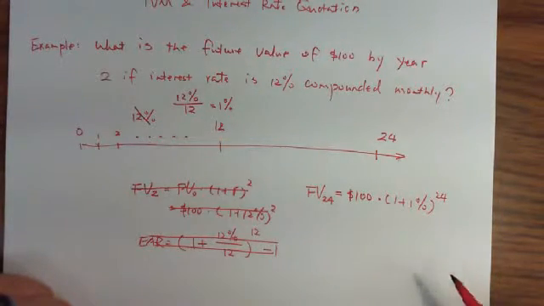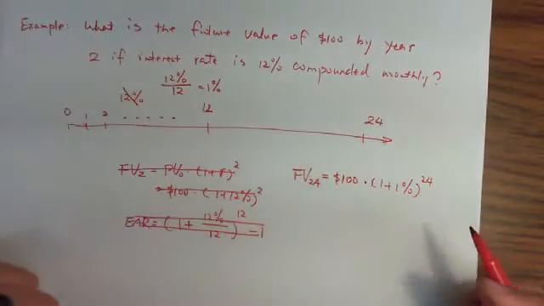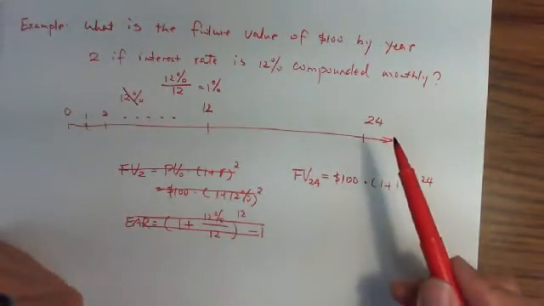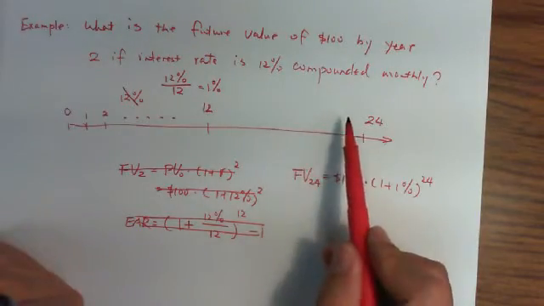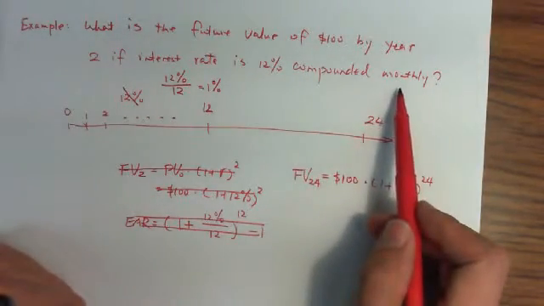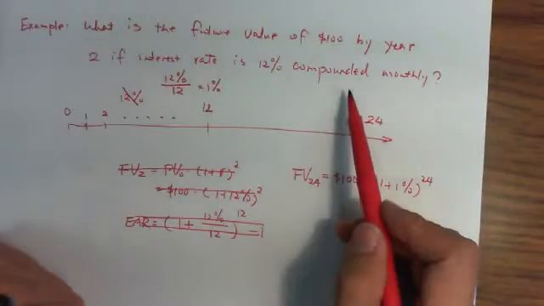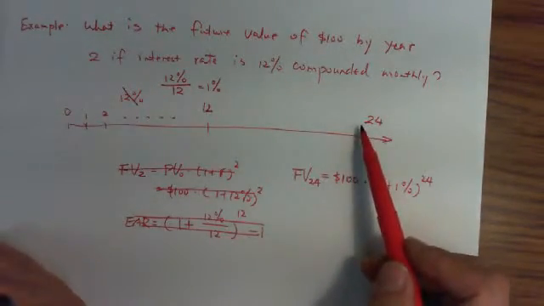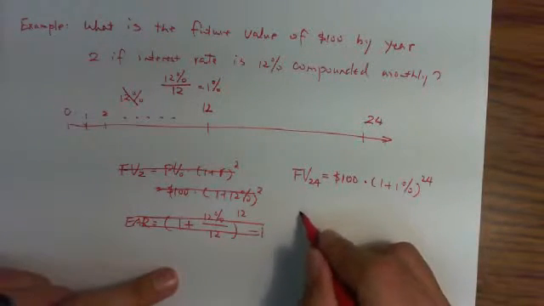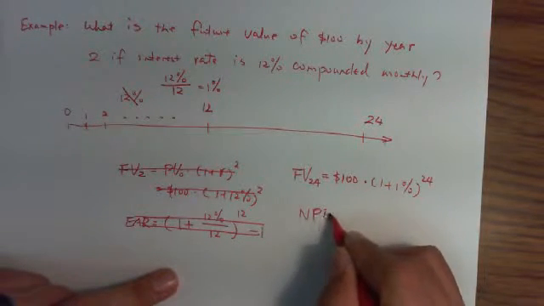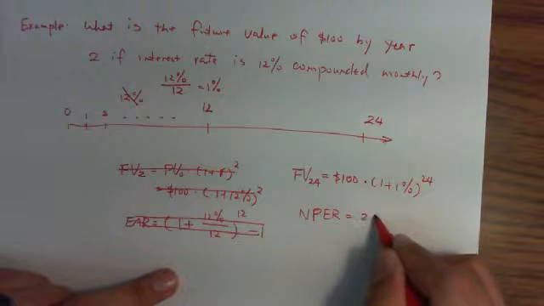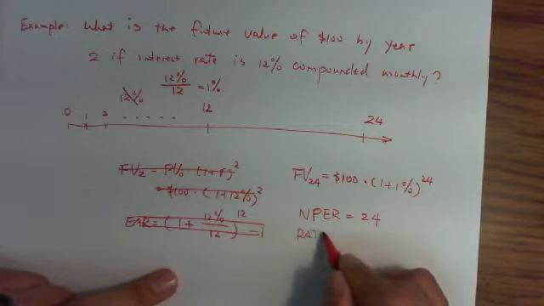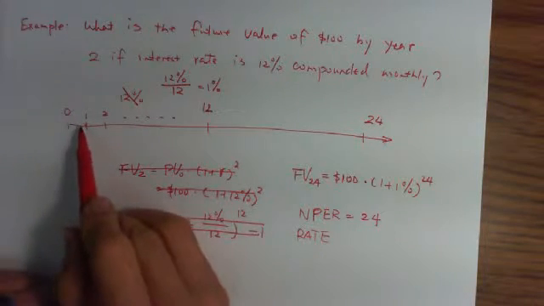If you are using Excel, then the first step again is to define a period as the compounding period. So we are going to use a period as a month, and then there are 24 months. So in Excel, the parameter NPER should be set to be 24, and then the rate is the rate per period.